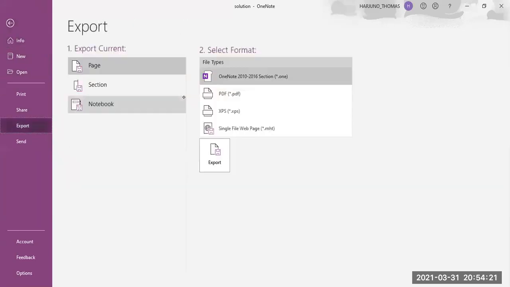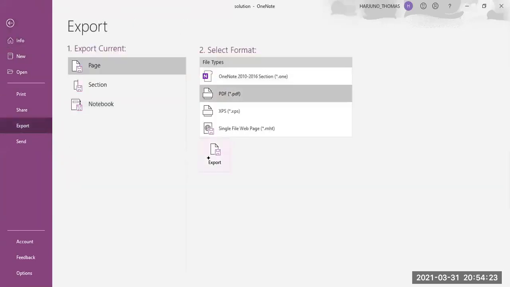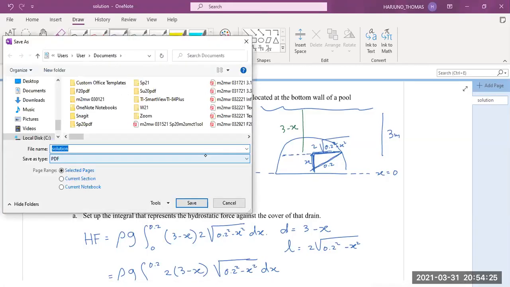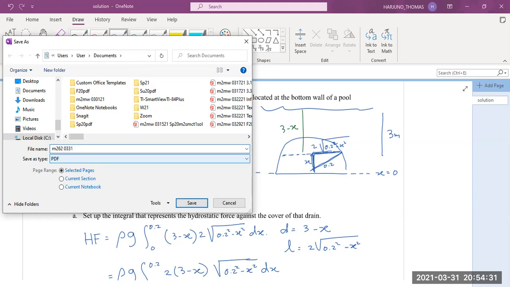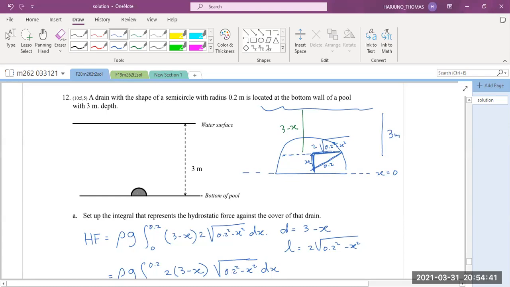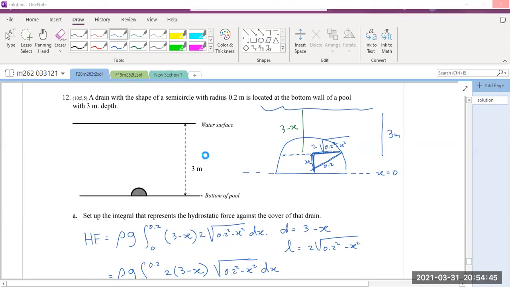Okay, let me save this first. That's math 262, test 2 solution. I will take around a 5-6 minute break. Right now it's 8:54.